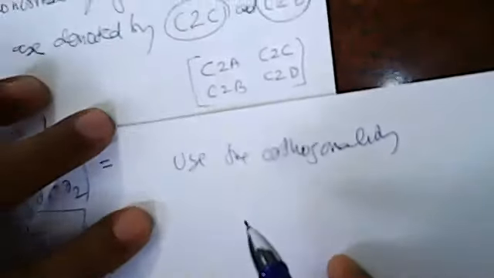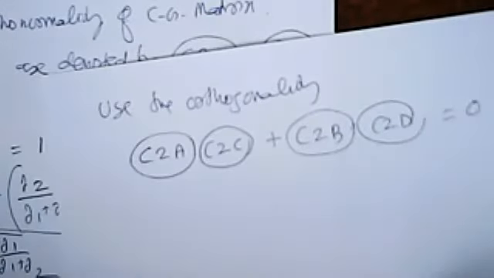Orthogonality means C2A into C2C plus C2B into C2D should be equal to 0. So that is the orthogonality.